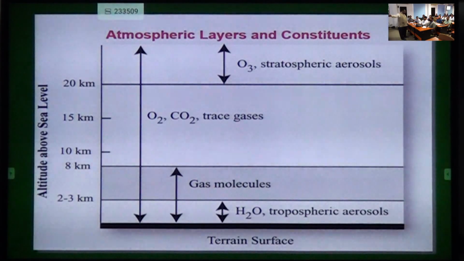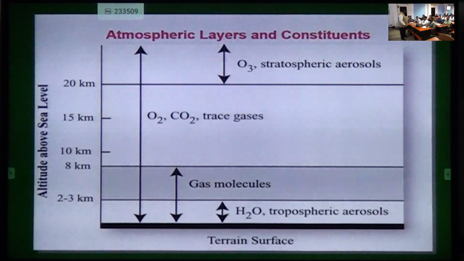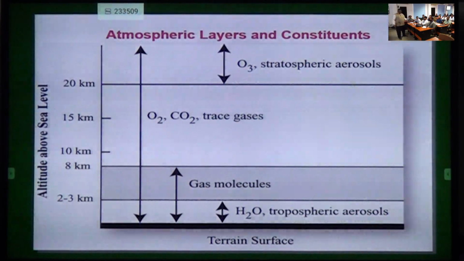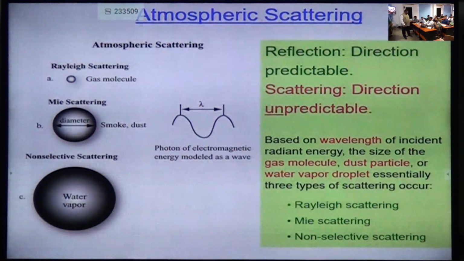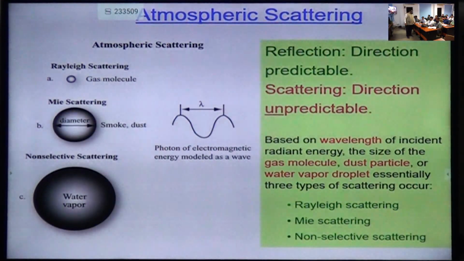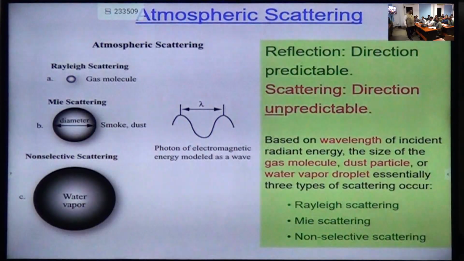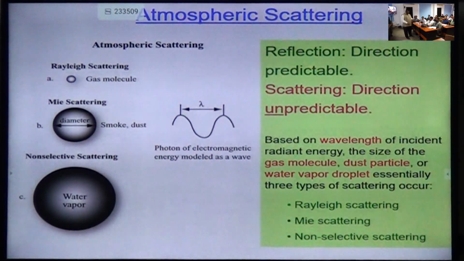So we have gas molecules, water molecules, and ozone. Why are you going to study this? Because these gases, ozone, oxygen, carbon dioxide, are going to absorb some of the energy. That we are going to discuss next.